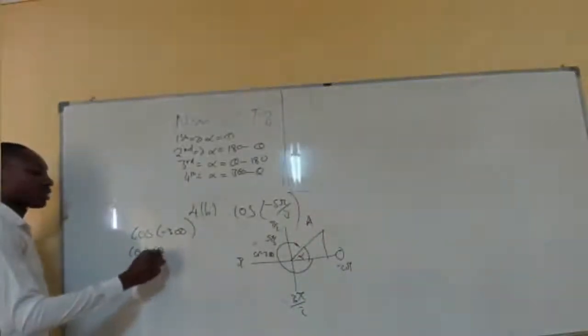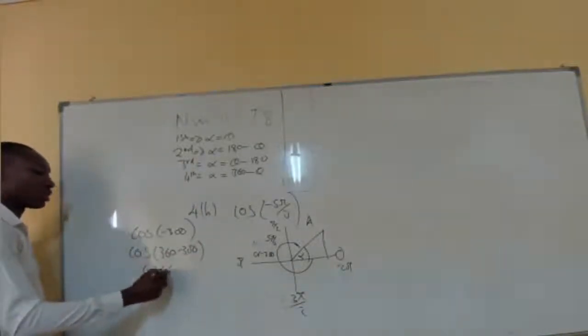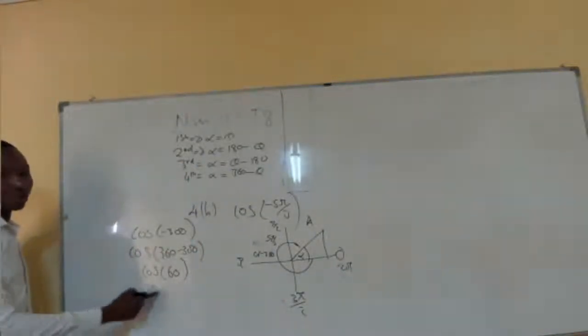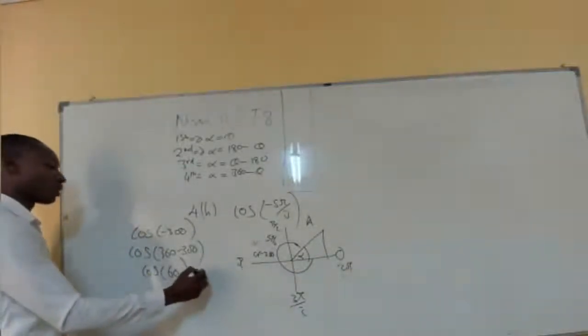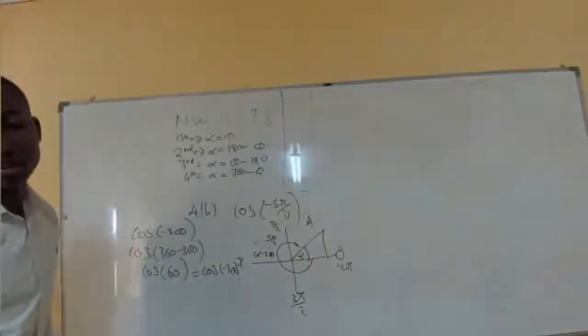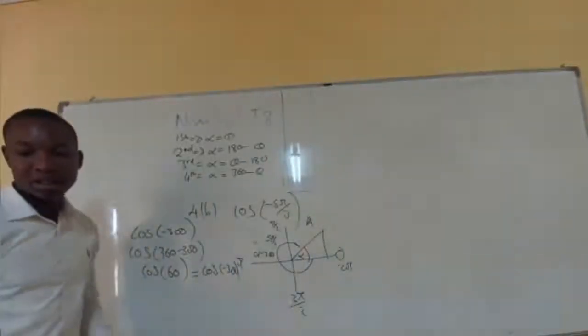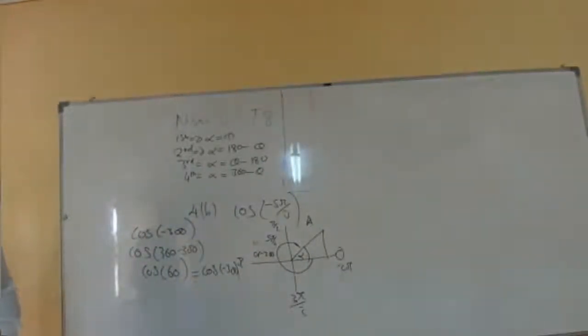This is the same as 360 minus 300, which is cos 60 degrees. So cos 60 is the same as cos of negative 300. So what is cos 60? If you check, cos 60 is root 3 over 2. No, actually, cos 60 is half.